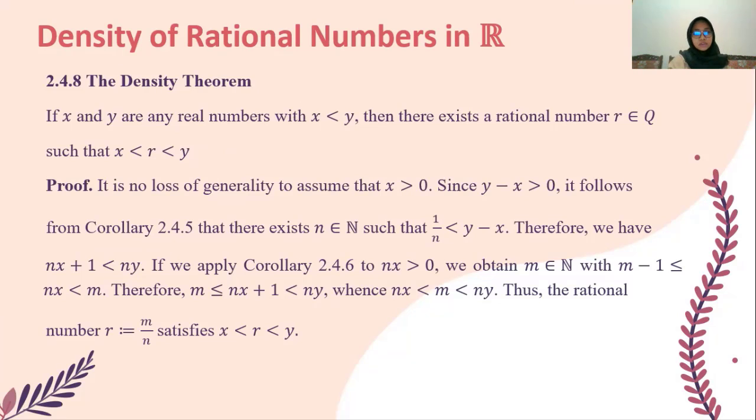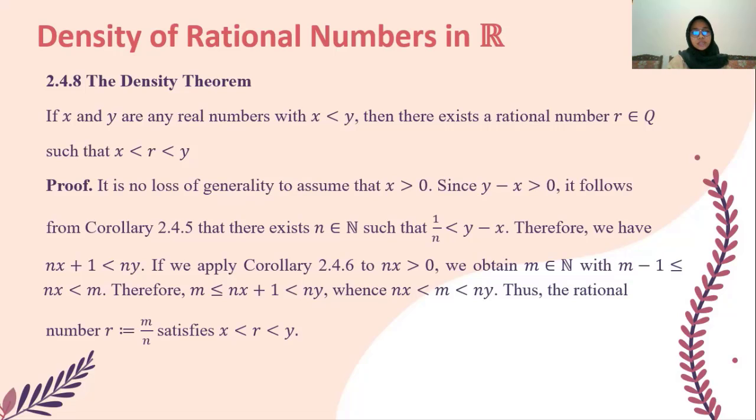Proof: it is no loss of generality to assume that x > 0. Since y − x > 0, it follows from corollary 2.4.5 that there exists n ∈ ℕ such that 1/n < y − x.